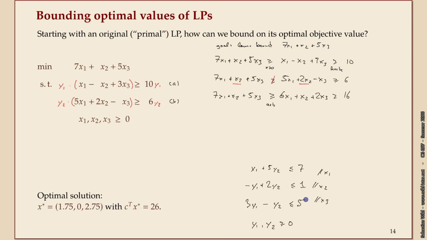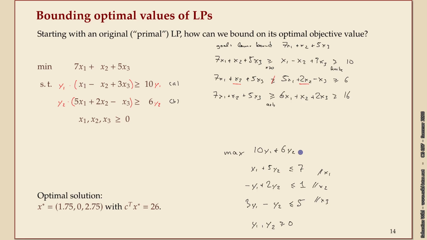And what's the lower bound I get from doing the linear combination? It's going to be 10y1 plus 6y2. I can pick any such y's, and I might as well pick the one giving the highest lower bound. That's the best I get. Is the process clear?